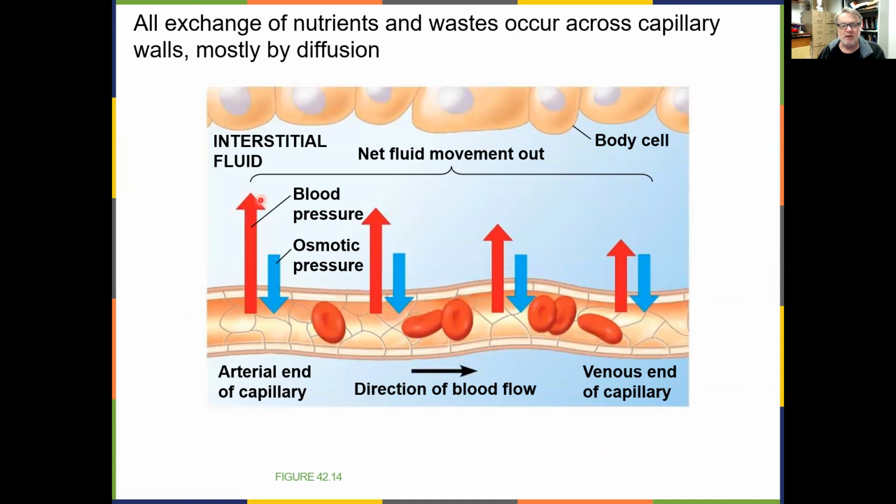As blood pressure drops across the capillary, there's osmotic pressure being generated by proteins that are not able to pass through the epithelial cells, and so they generate a force moving water back into the blood at the end of the capillary. So diffusion is all that's happening here, just relying on pressures and osmotic pressures to move water back and forth with the dissolved nutrients and gases.